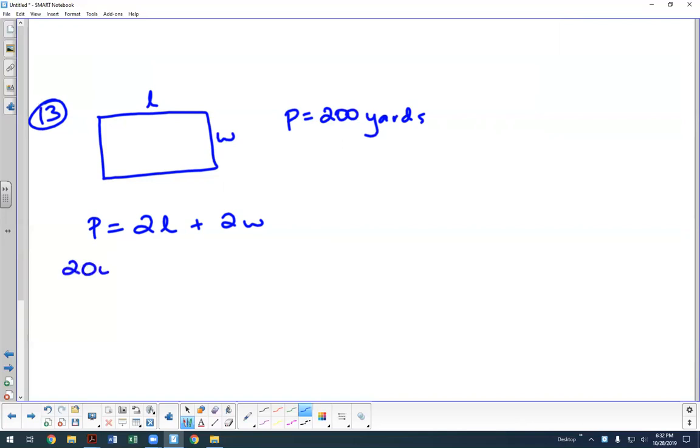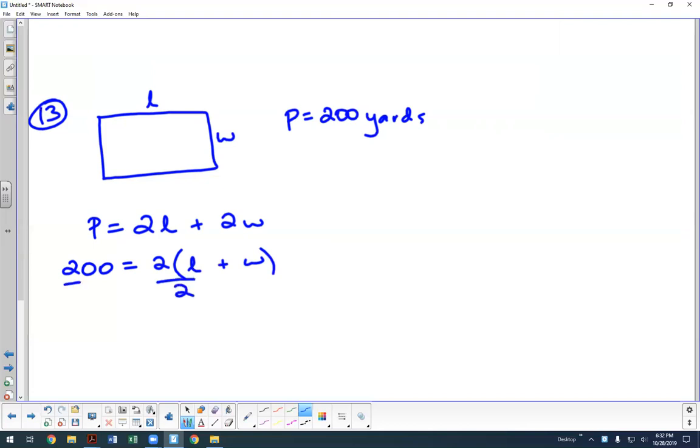We know we have 200 yards of fencing, which means our perimeter cannot be larger than the amount of fence she's already got. So I'm going to clean this equation up a little bit. Since both of these are 2 times the length and 2 times the width, I'm going to factor out that common 2, which will leave us with L plus W inside the parentheses.